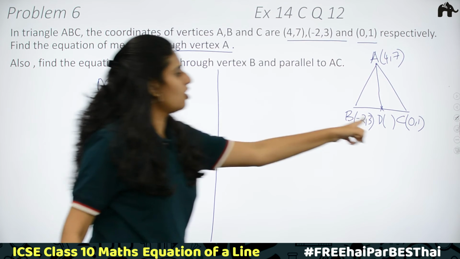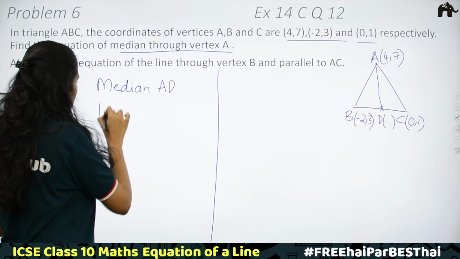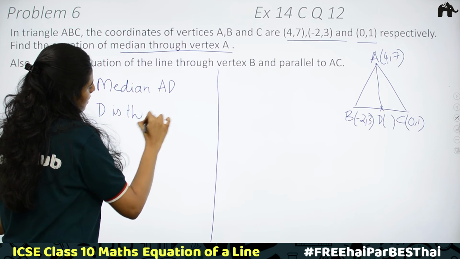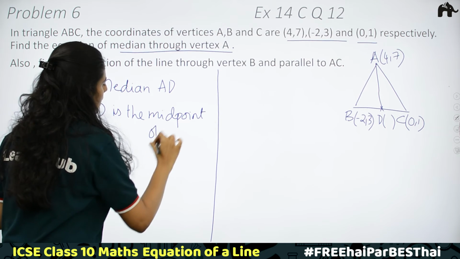We need to find the coordinates of D. How to find the coordinates of D? D is the midpoint of BC.